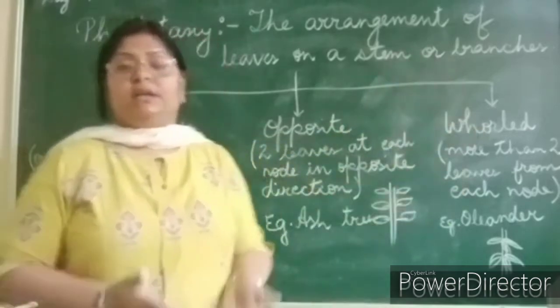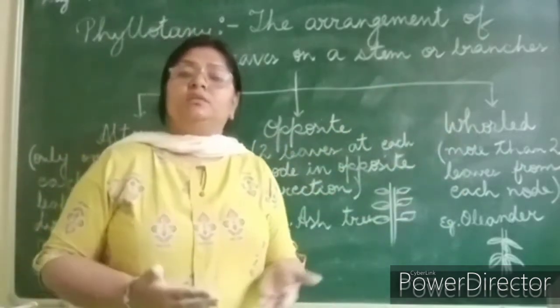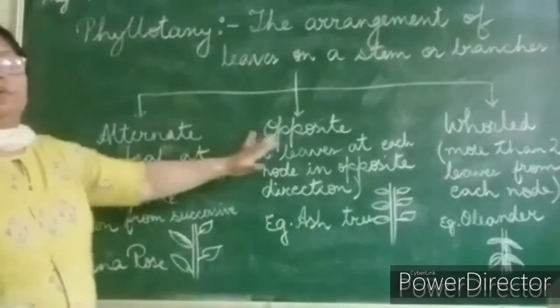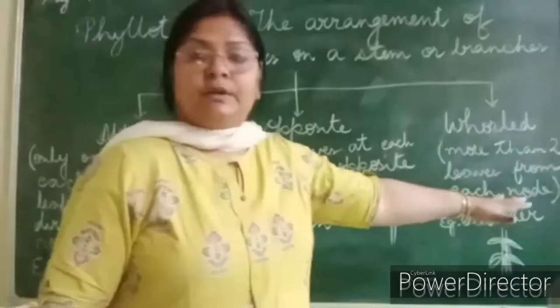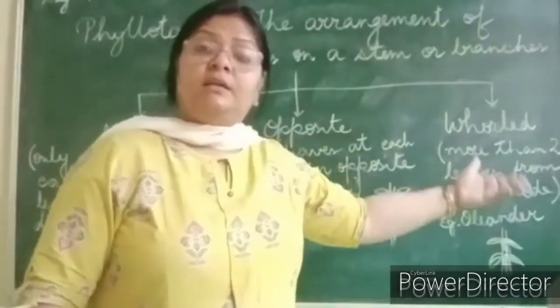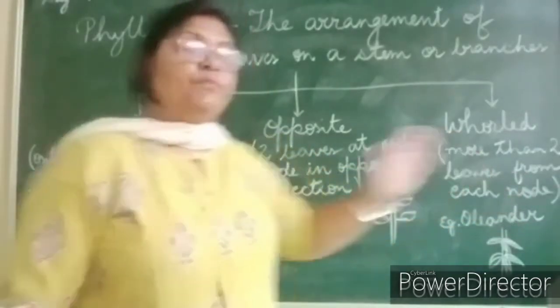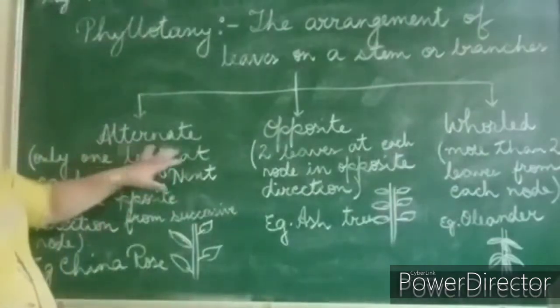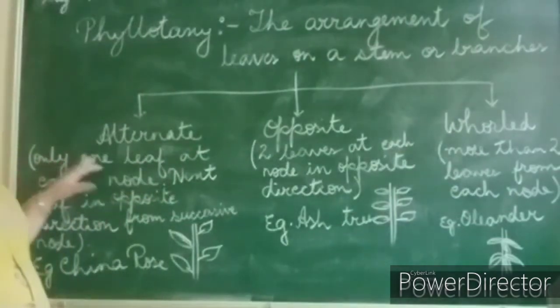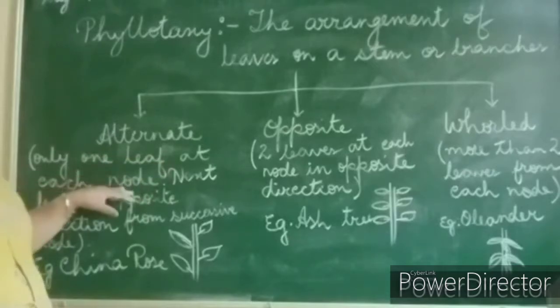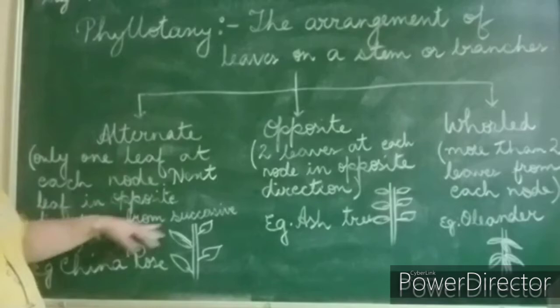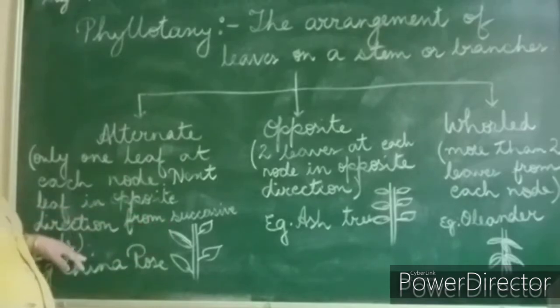The way they are arranged is called phyllotaxy, and there are basically three types of phyllotaxy depending on the way they are arranged on the stem. Starting with alternate phyllotaxy, what you find is only one leaf at each node, and the next leaf in the opposite direction from the successive node.